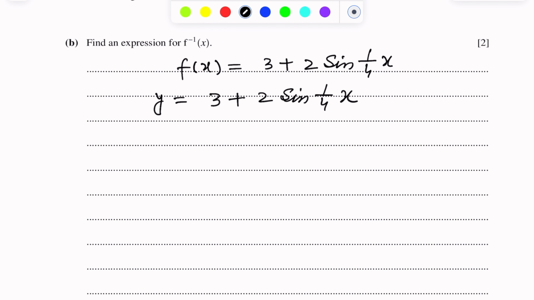Now we rearrange this. 2 sine (1/4)x is equal to y minus 3.